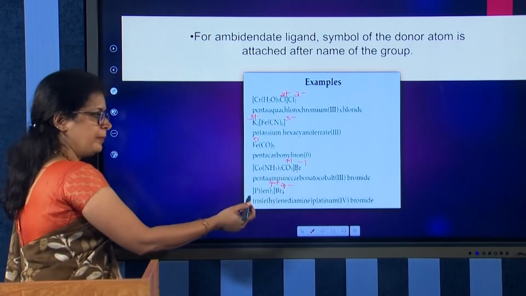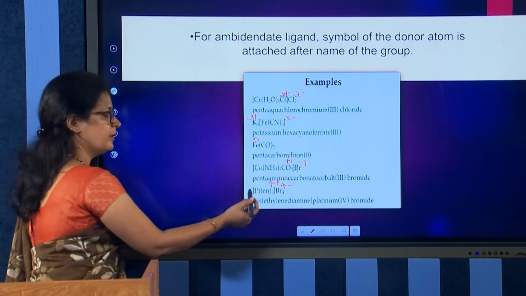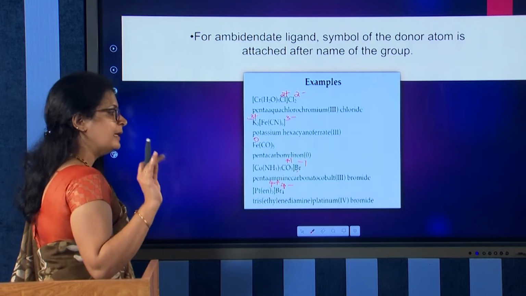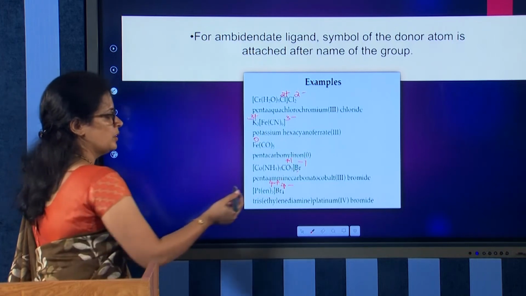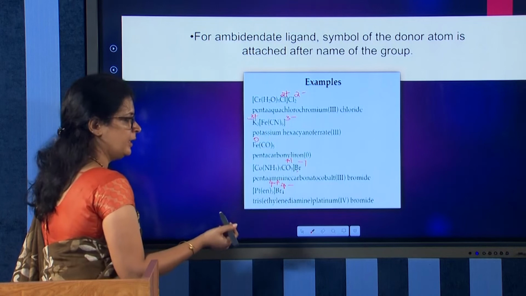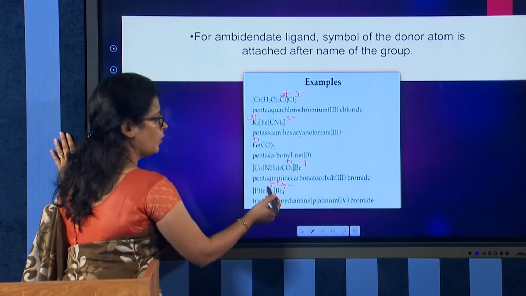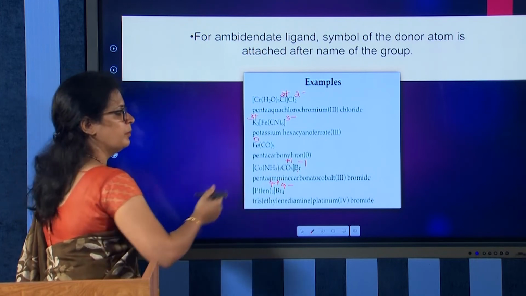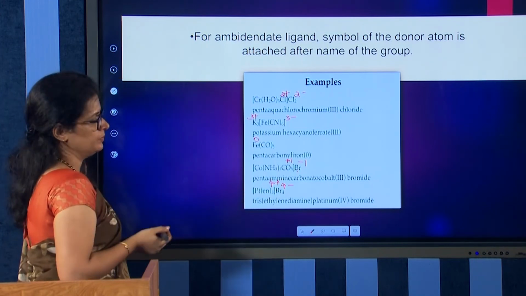While naming the cationic part, the ligand is ethylenediamine, so it is tris(ethylenediamine). How many ethylenediamine molecules are there? We have 3. So that is tris(ethylenediamine)platinum. What is the oxidation state of platinum? It is +4, followed by bromine, that is bromide.